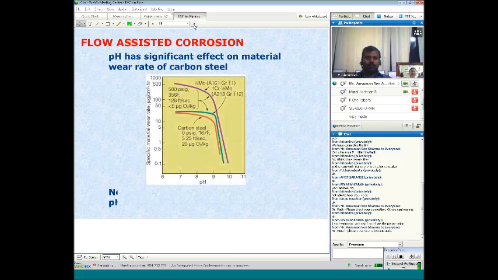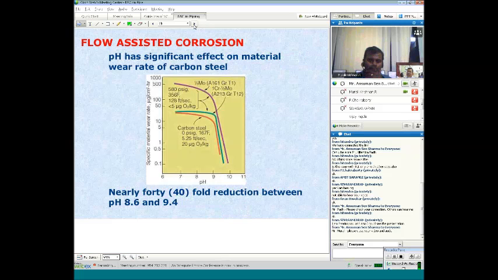In fact, for carbon steel, almost 40 times reduction in FAC rate will occur when the pH is increased from 8.6 to 9.4. In the range of around 9.2 to 9.4, the FAC is almost minimum, right? So that is the pH we are talking about. That would be the target pH for the feed water chemistry where we are having FAC related problems.